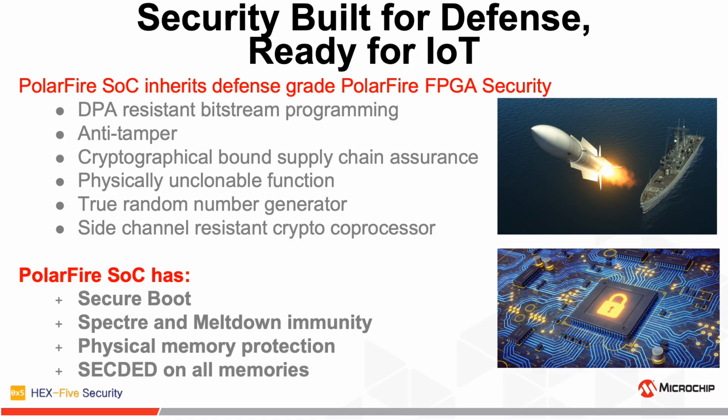So we take all our inputs from DoD. Microchip is the number one supplier of silicon components to the Department of Defense. We take security seriously, and PolarFire SoC is going to be a great secure SoC FPGA platform.